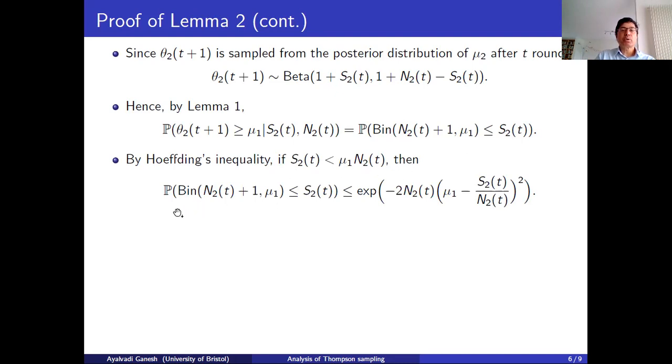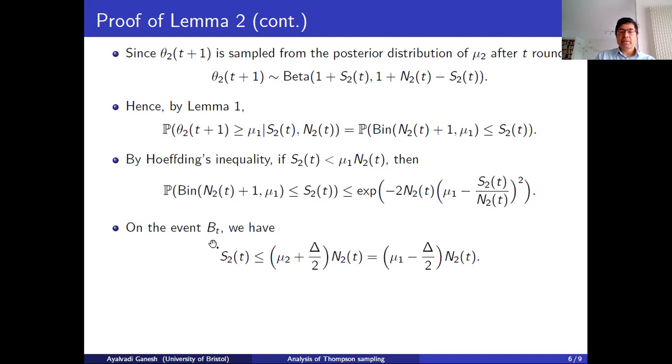If S2t is smaller than mu1 N2t, then this binomial being smaller than its mean is bounded by e to the minus 2 times the number of trials times the deviation from the mean squared. We are asking that the sample mean deviate from the true mean, mu1, by at least this amount, and we are squaring that. So this is just Hoeffding's inequality.